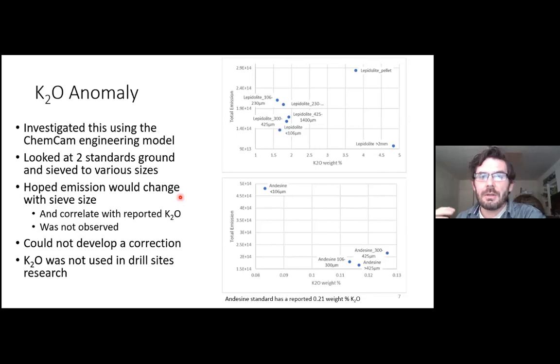In addition, we were hoping total emission might correlate at least somewhat with the change in potassium, and that's not the case either. Originally we were hoping to create some type of simplistic correction for potassium, but that wasn't the case. So in this paper, we're not really going to use potassium at these drill sites.